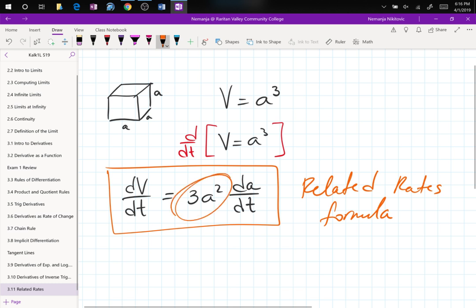And it's related by this 3a squared in between. So dV/dt is actually the amount of water that is flowing off of the ice cube, which you can calculate. The loss at the side, you can also calculate in time.